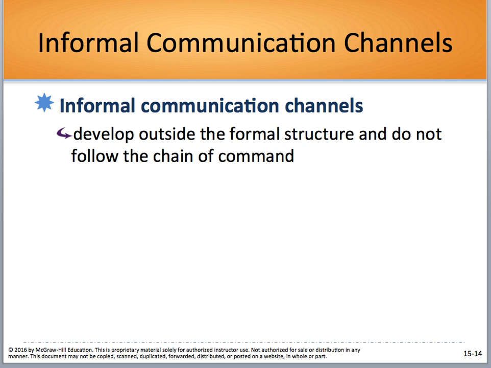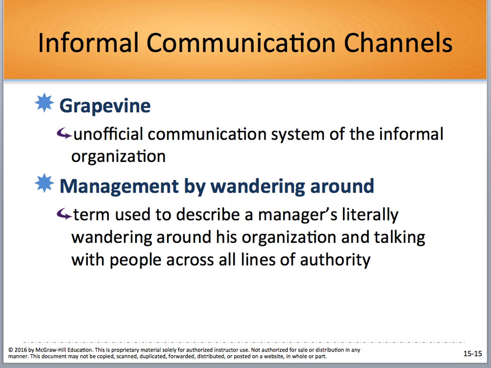Looking at our informal, so we looked at formal, let's look at our informal communication channels. This is when communication develops outside the formal structure and you don't need to follow chain of command. Very simple. I don't need to have something go all the way up to the top in order for something to be conveyed or communicated. It's just an informal process. So that could be grapevine, which is the unofficial communication system, right?